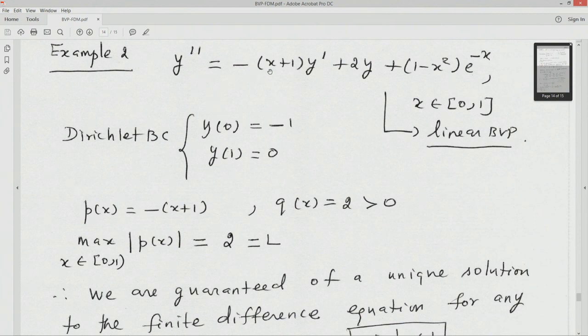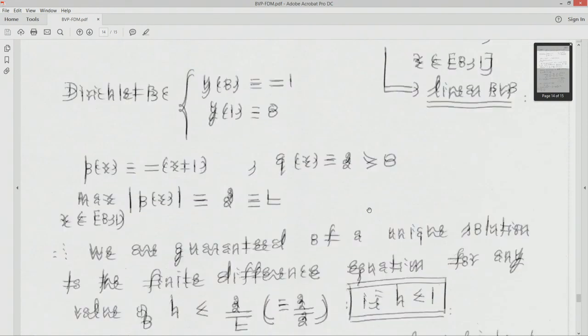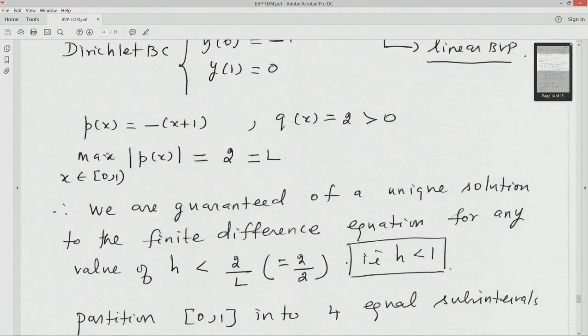Now, let us find out what are p of x, q of x in this differential equation. p of x is minus of x plus 1, q of x is 2, which is positive, and we observe that maximum of modulus of p of x for x in this interval is 2.